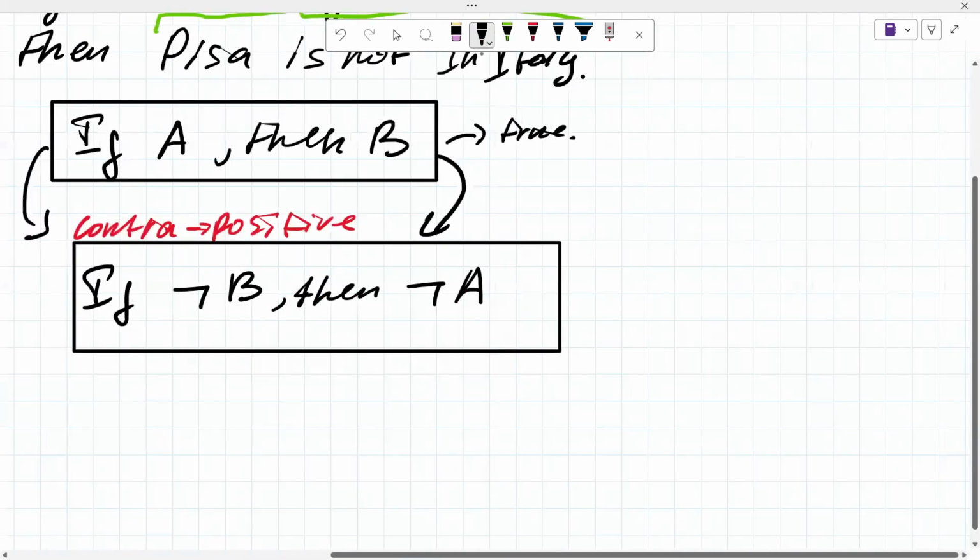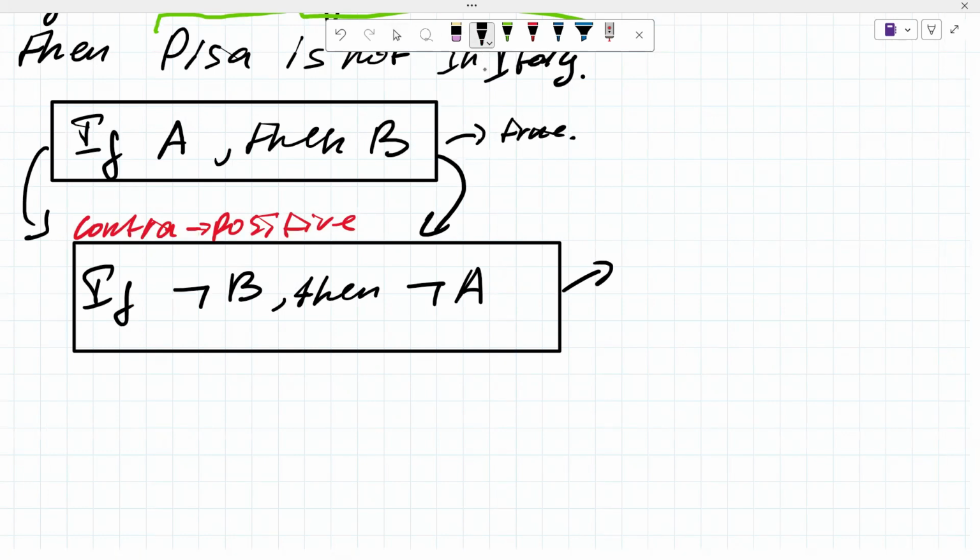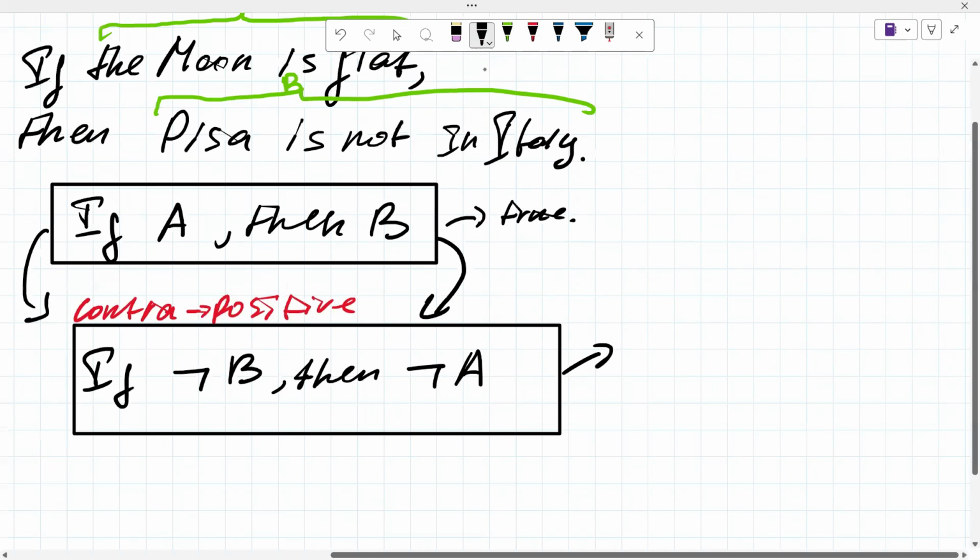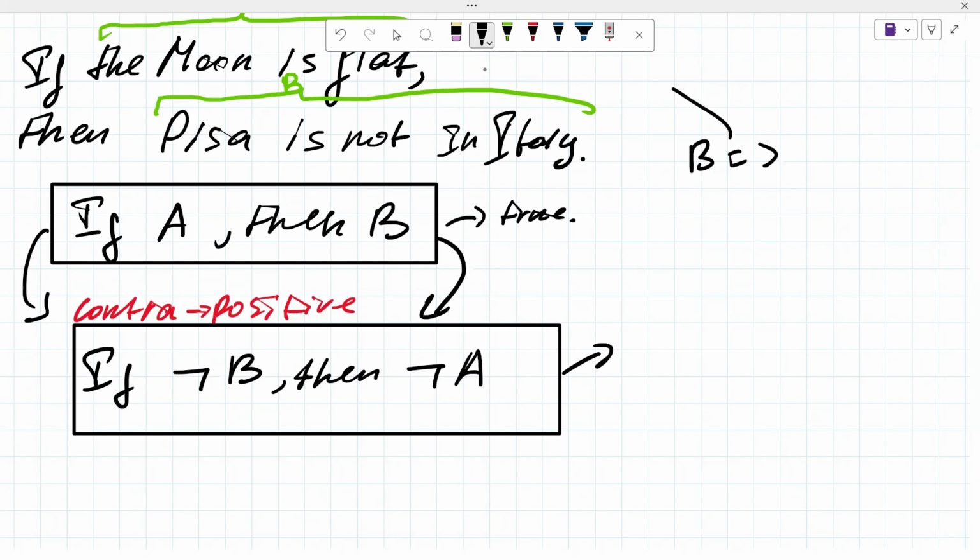And now we can replace the letters with sentences again. Previously, B was Pisa is not in Italy. Now, not B, you have to negate Pisa is not in Italy, you have to add not.